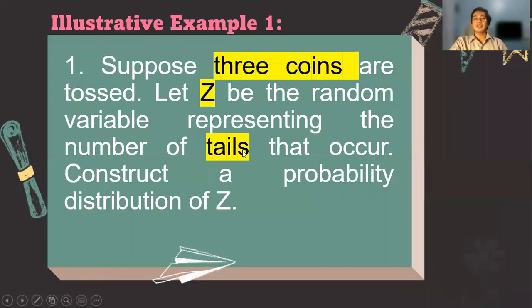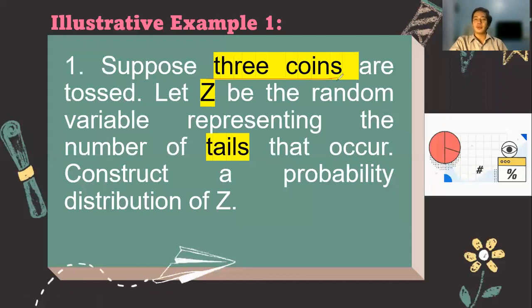Using the fundamental rule of counting, how many total possible outcomes could we have if we toss 3 coins? That is 2 times 2 times 2, so we expect 8 possible outcomes, right?